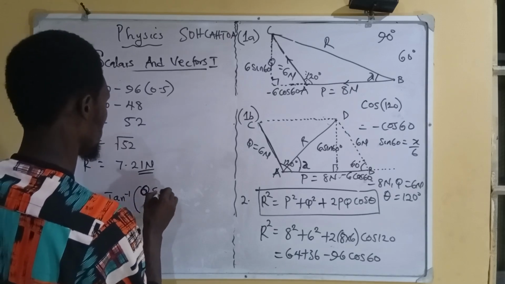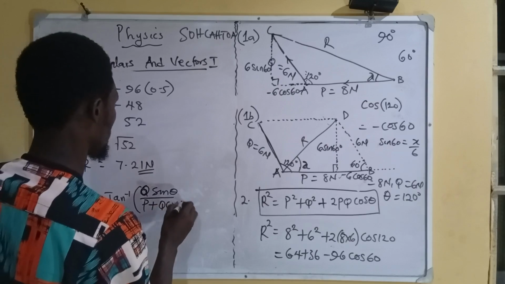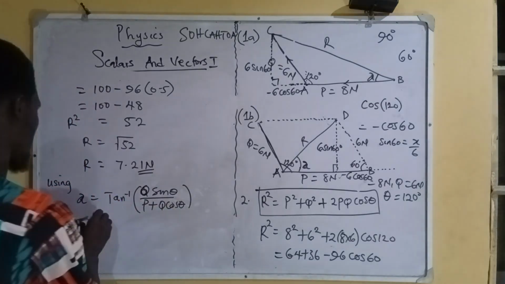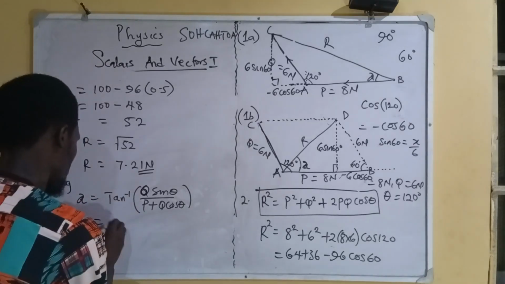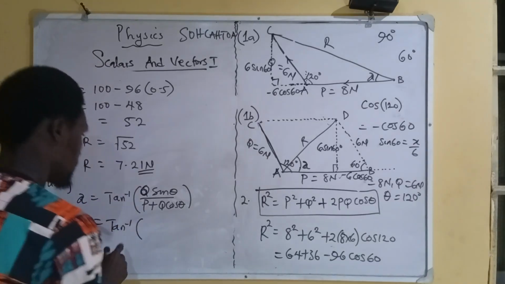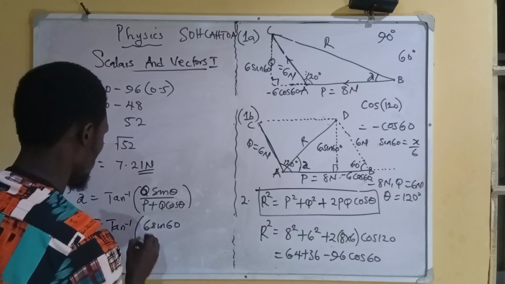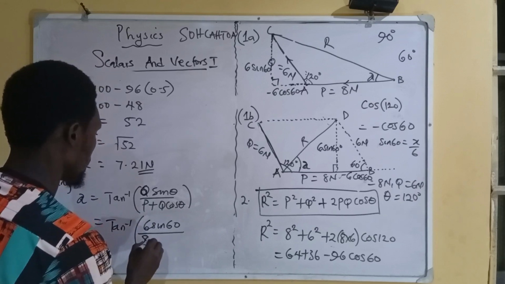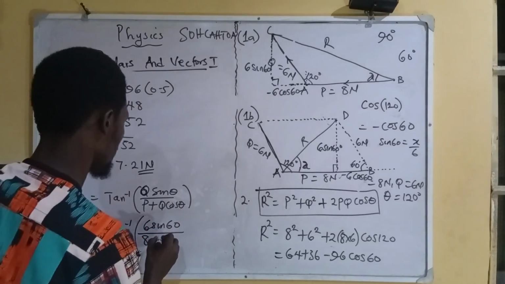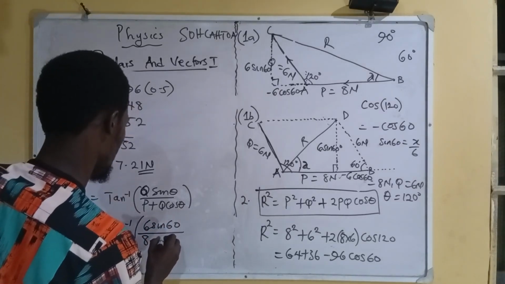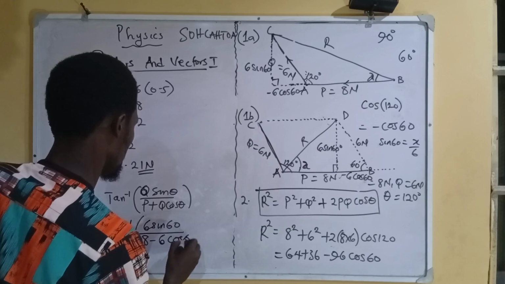Let me put it this way: sine theta over P plus cos theta. What we have as our theta here is 120, but it's equivalent to 60. So you have tan inverse of 6 sine 60 all over 8 minus 6 cos 60.